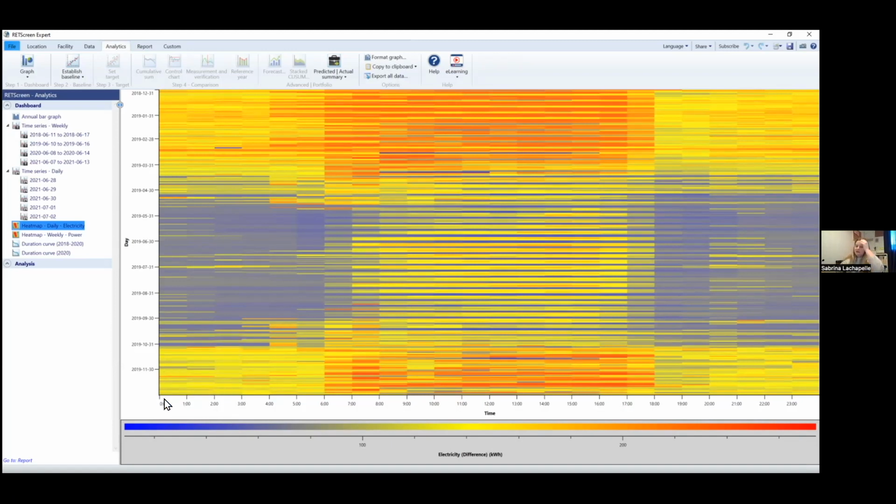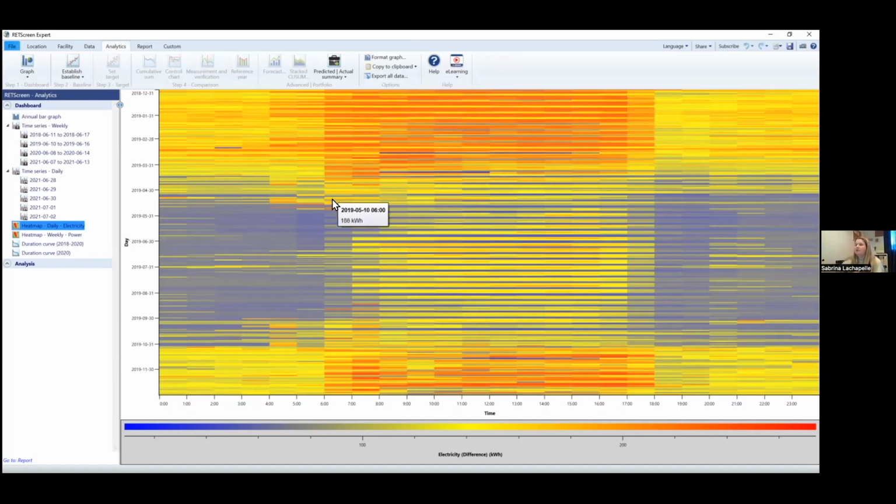So this graph is really useful to know how your electricity consumption in this case varies from hour to hour through the year. So we can see that, for example, here during the winter, my electricity consumption goes up around 5 in the morning until 5 in the evening, which is when we are going at the office.